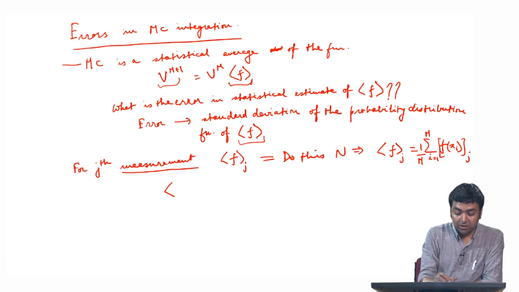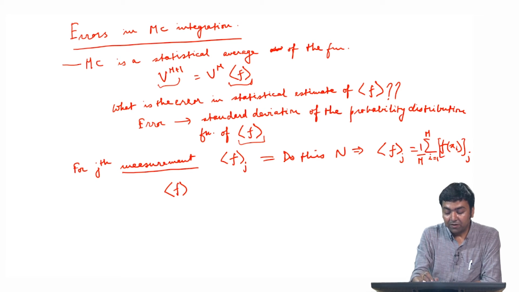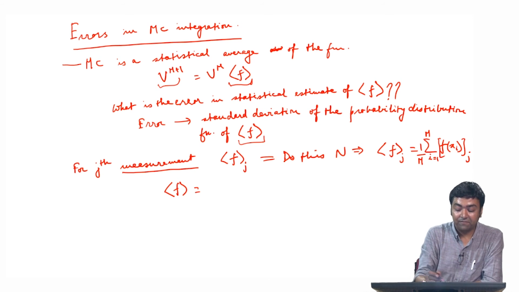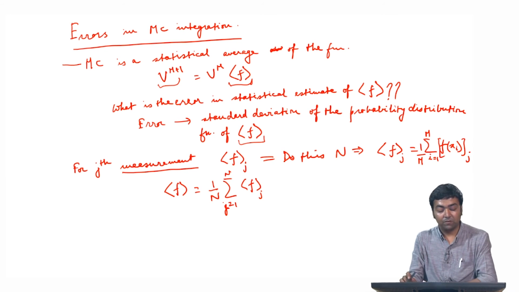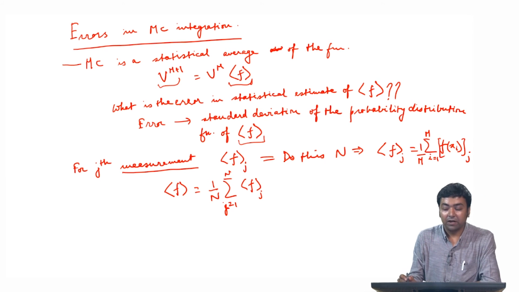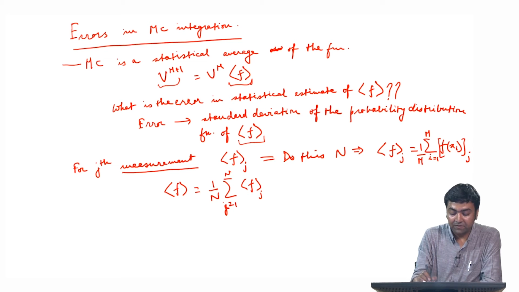Okay. So, if I do such measurements n times, the average value of the function will be given by 1 by n sum over j equals 1 to n of f_j. Okay. So, this is what will be given by this.